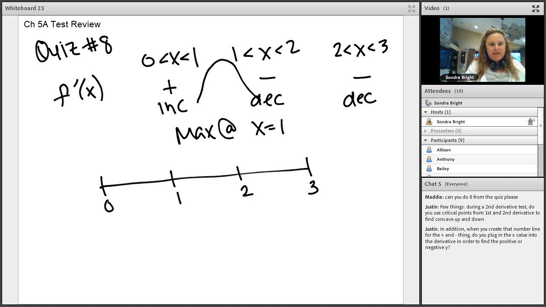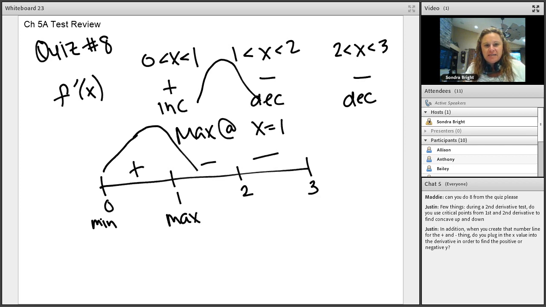Okay, so it said it was increasing and then decreasing and then decreasing. Okay, so the fact that it's a left endpoint and then increasing means that this would be a local minimum, and then it goes up and then it starts decreasing, so this guy is a max, and then it keeps on decreasing, and here's an endpoint, and so this also is a minimum.